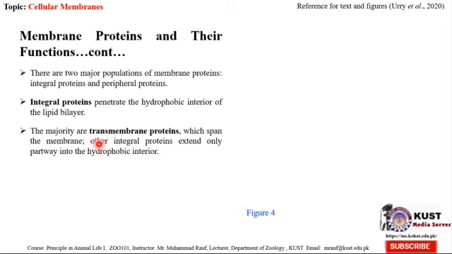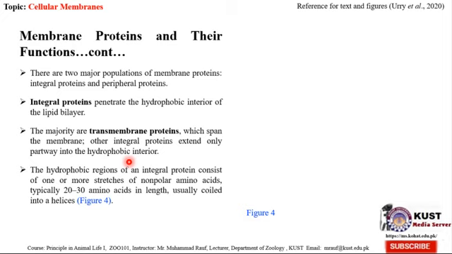The majority are transmembrane proteins which span the membrane, that is, they are present across the lipid bilayer and their ends protrude outward on both sides. And of course, the membrane proteins are also amphipathic, so the hydrophobic portion is confined to the interior of the membrane, whereas the hydrophilic portion faces the aqueous environment both inside and outside the cell.